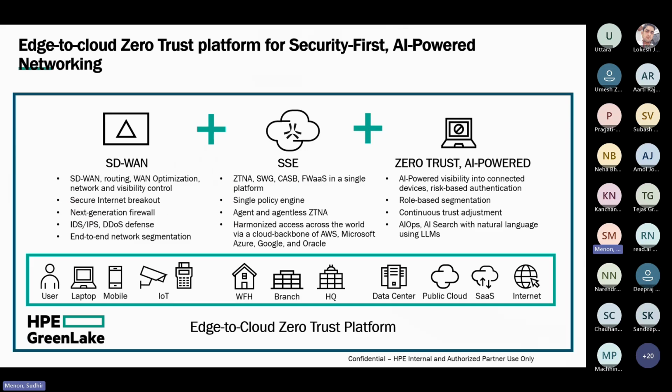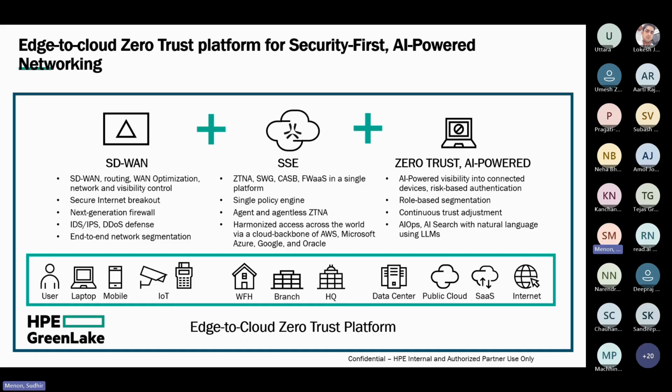So moving forward, in Aruba, as I mentioned in the beginning of the presentation, our belief has always been security first, AI powered networking. We always say security is something which is de facto required in any form of connectivity, any form.